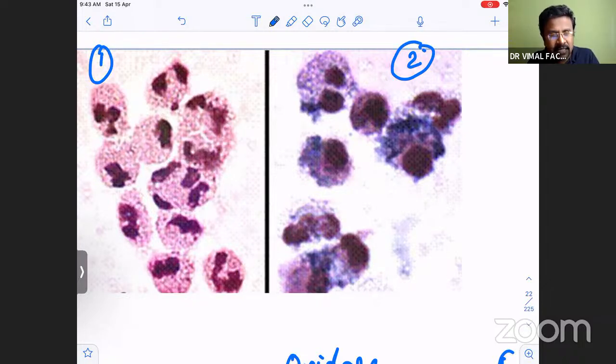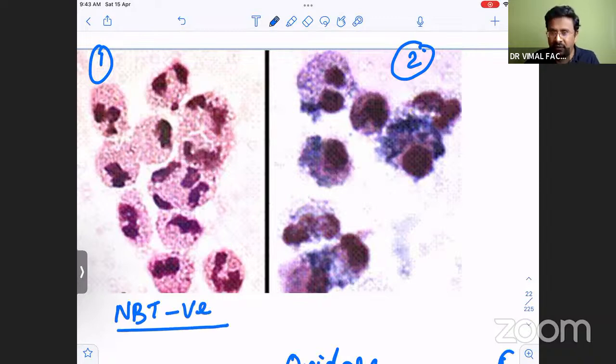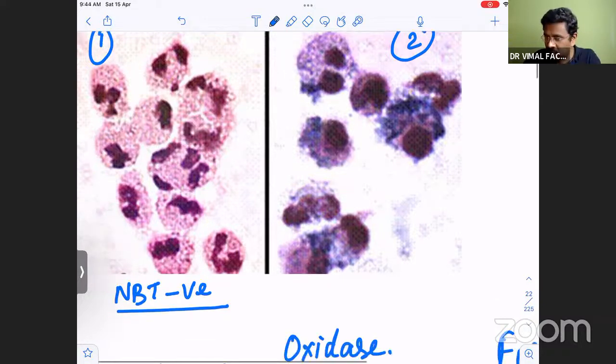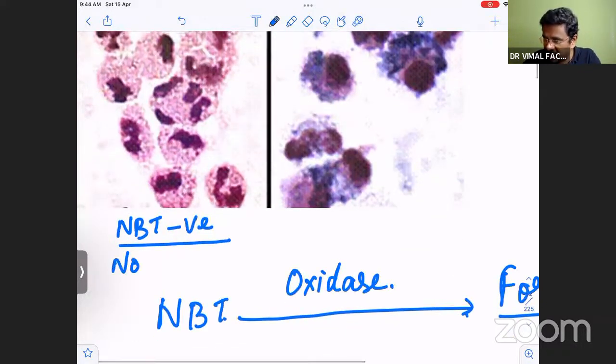If the patient has chronic granulomatous disease, there will not be NADPH oxidase, so NBT will not be converted into formazan, and the NBT test will be negative. Blue color will not be formed. Very good. So if NBT is negative, that means there is no NADPH oxidase.